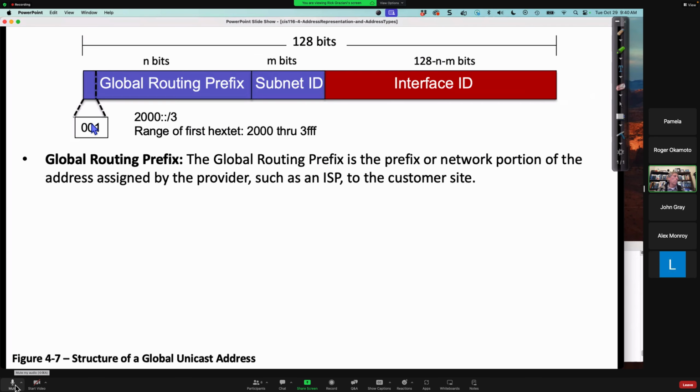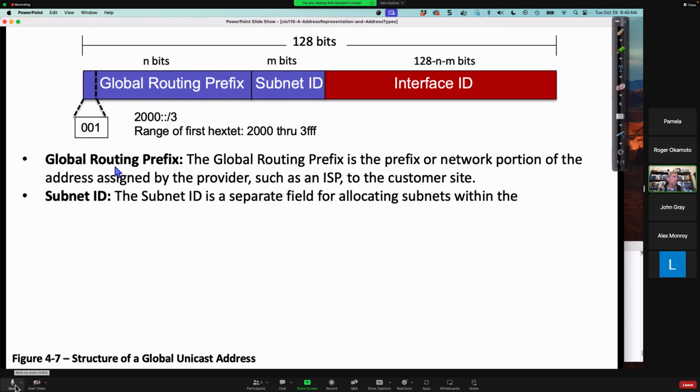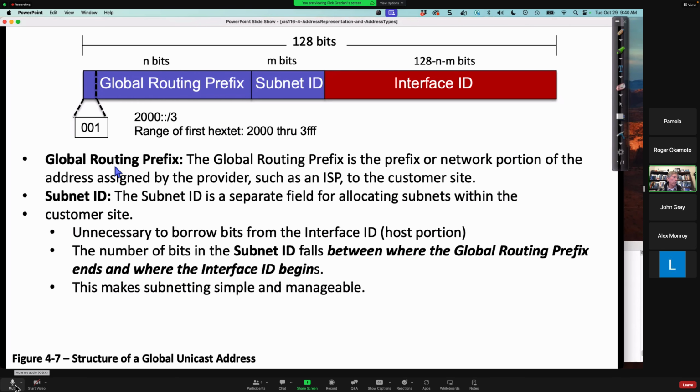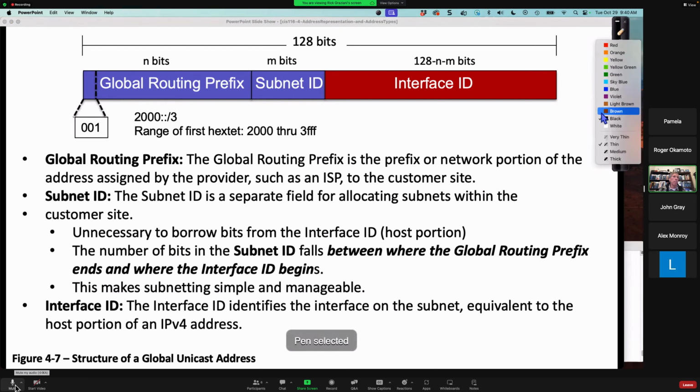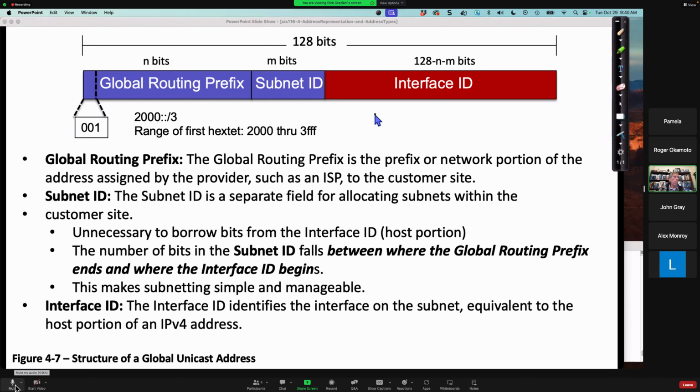Okay, so the global routing prefix. How do we get a 2 or a 3? The first 3 bits are 001. Let me show that right here. Remember, if I have 0, and then this has 1 here, and this can be anything, this can be my first hexadecimal digit. Well, if it's 0010, that's going to be a 2.